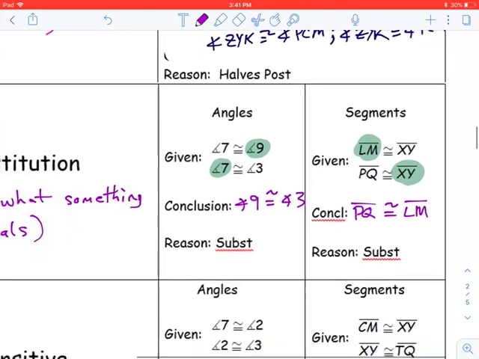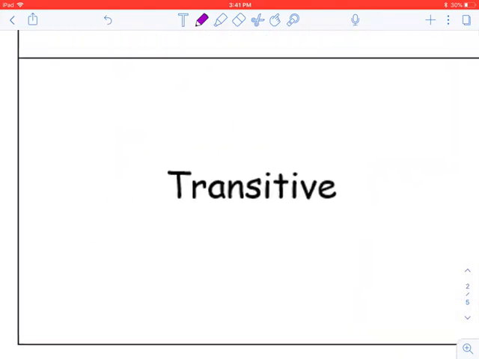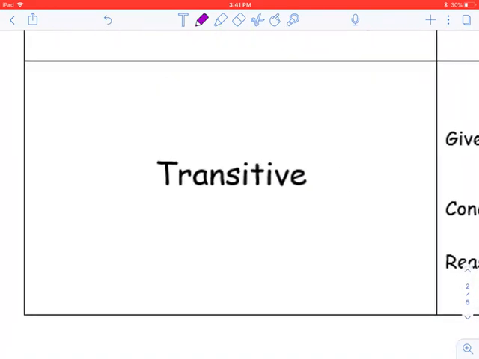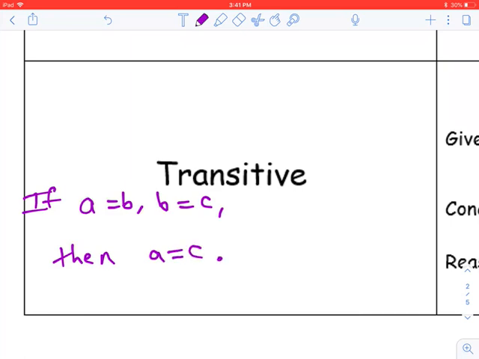Okay, so transitive is very similar to substitution, except it's more talking about where those things are. So if A equals B and B equals C, then A equals C. Okay, so basically what we're saying is if the first one equals the second one, and the second one equals the third one, then A equals the third one.